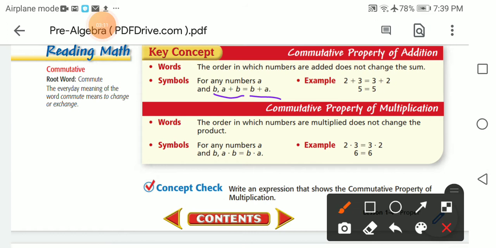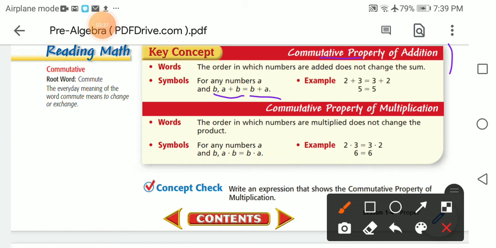We have taken this before, but we didn't call it the commutative property of addition. Some of you know this and some don't. For example, 2 plus 3 is the same as 3 plus 2, which gives the same answer, 5 equals 5.